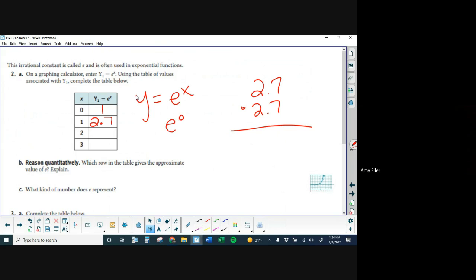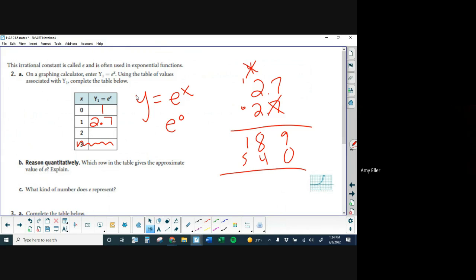This is not going to come up a lot, but you should be able to do 2.7 squared. I'm not going to make you do cubed. So go ahead, practice if you're not good at this. 7 times 7 is 49. 7 times 2 is 14. 18. Put a 0. 2 times 7 is 14. 4, 5.